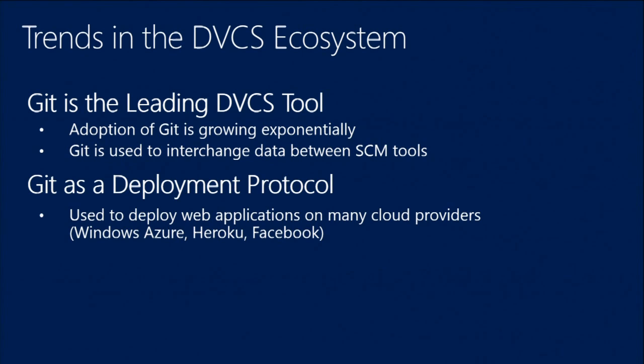We then looked, people like Azure and Facebook and Heroku and a bunch of others are starting to use Git as a deployment protocol. What does that mean? Remember I said Git's very good at transferring differences around the network. It only sends the differences between your repository and the one that's on the remote server.